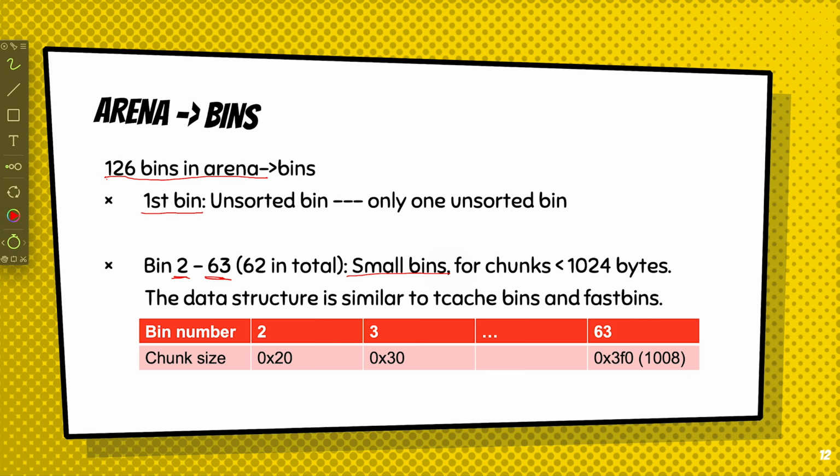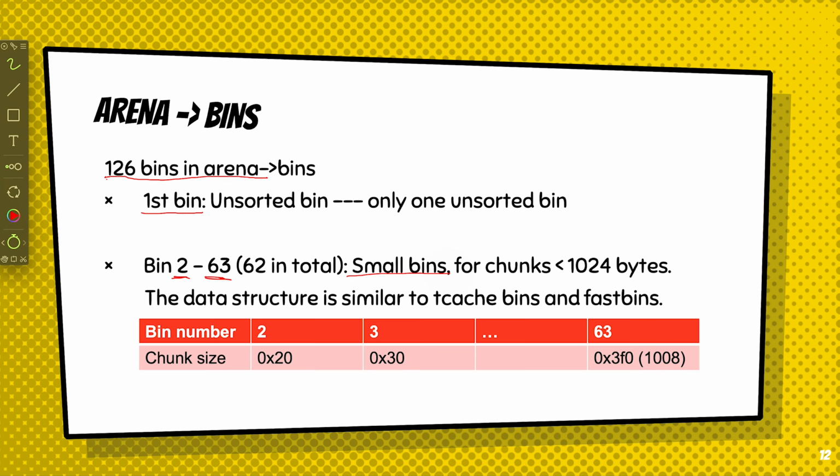So you may wonder why there are so many bins with this very similar layout, and what is the purpose of having all those different types of bins? The reason is performance. Accessing tcache bins is faster than accessing fast bins, and accessing a fast bin is faster than accessing a small bin, due to the data structure layout.